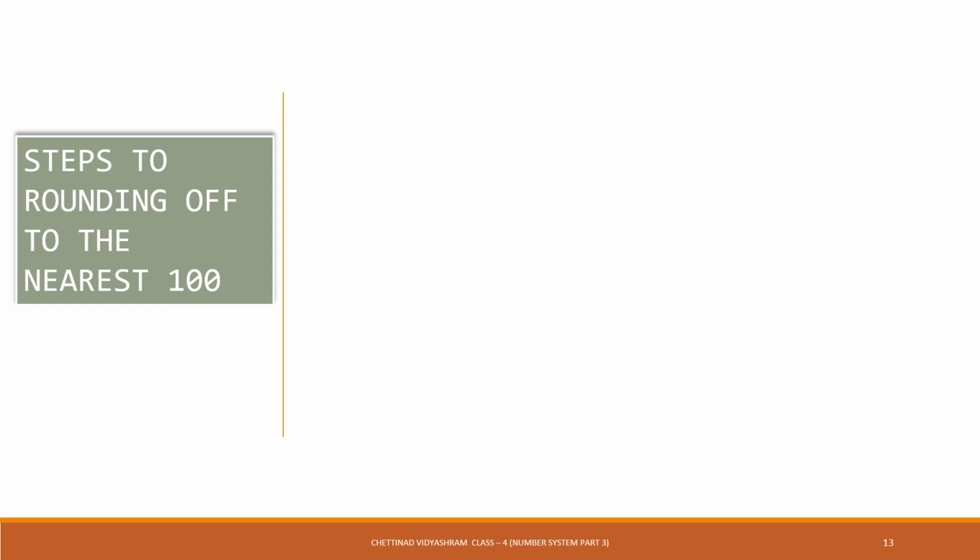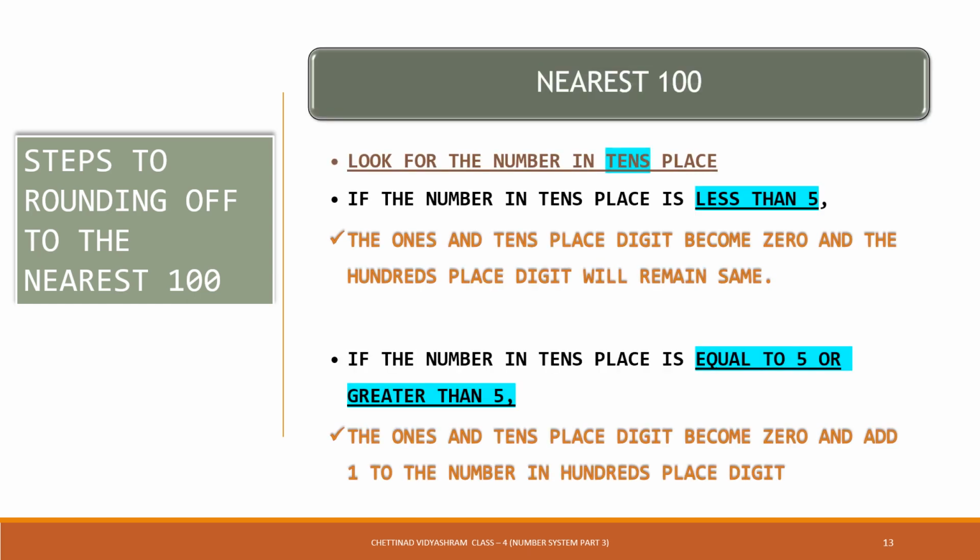Now moving on to steps to rounding off to the nearest 100. Here we have to look for the number in the tens place. To round off a number to the nearest 100, we have to look for the number in the tens place.